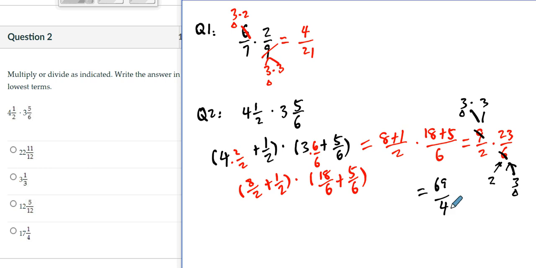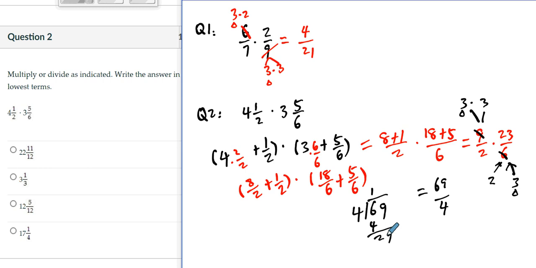So what's the answer? Oh, you see right here, we do not have the answer because here is an improper one. For the improper one, you want to do 69 divided by 4.